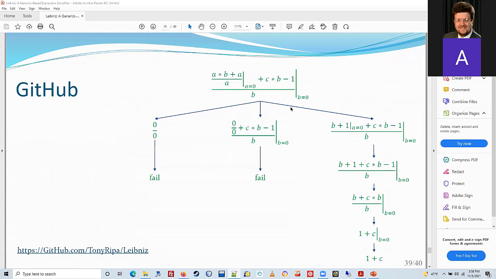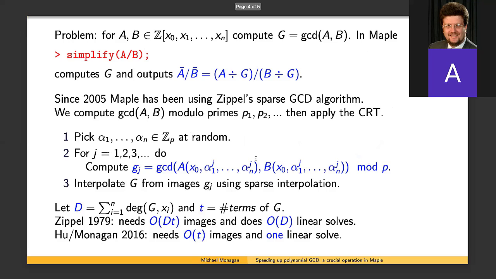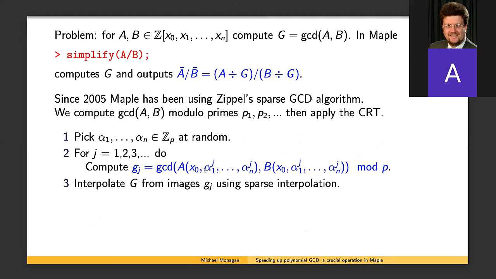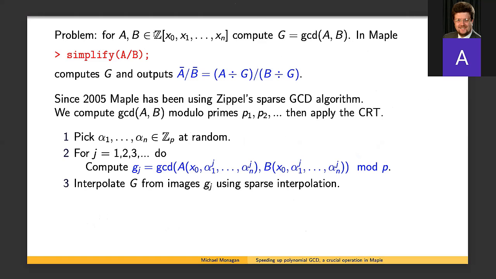Okay. We have another question, this one for Mike Monagan. Yeah, can I share my screen again just to show the formula? So there is really no problem with conditioning, because the polynomials have integer coefficients. That's where I'm starting, and I'm working mod some primes, so everything's over a finite field.